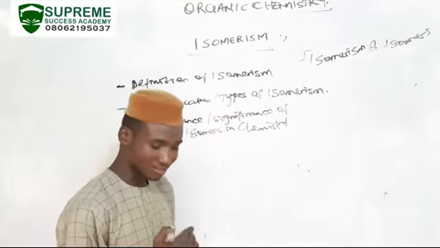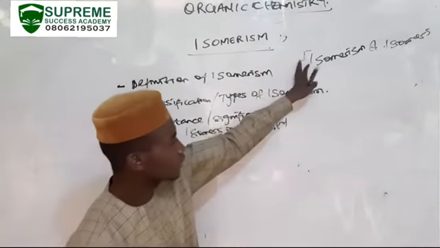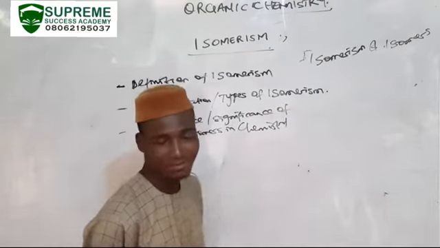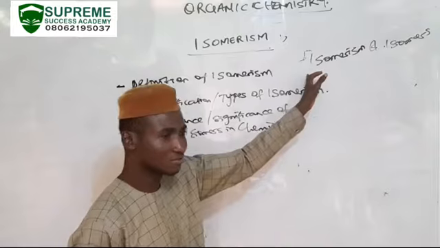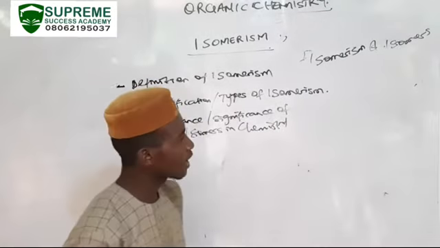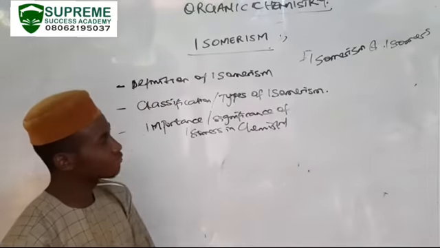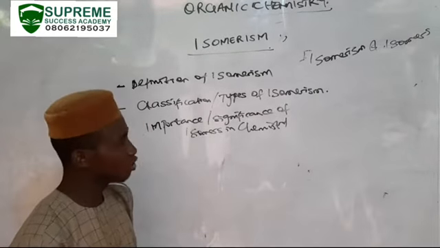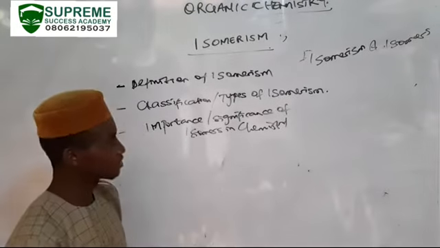So, as candidates preparing for exams, you must take note of differences between isomerism and isomers. When you are asked to define isomerism, do not define isomers. And when you are asked to define isomers, you should not define isomerism. So what is the difference?